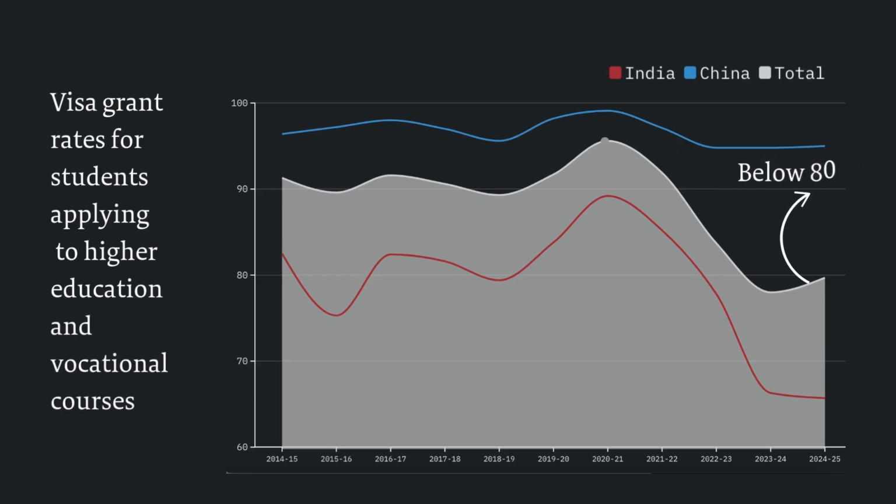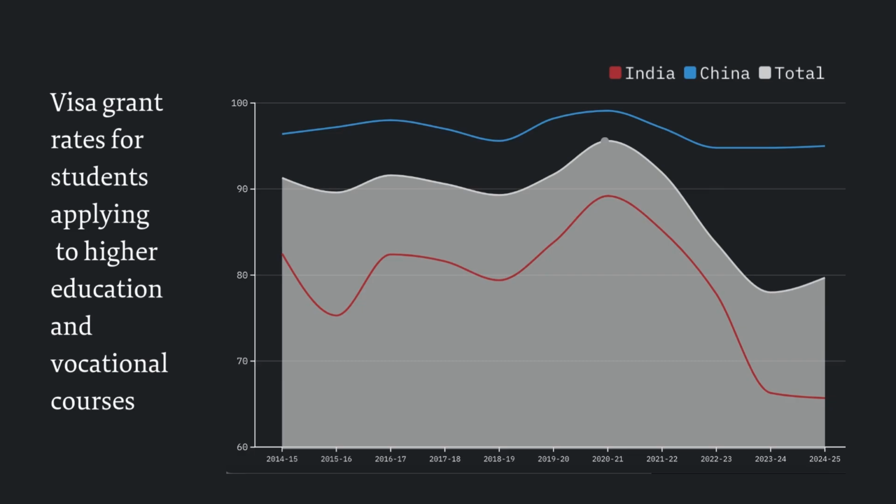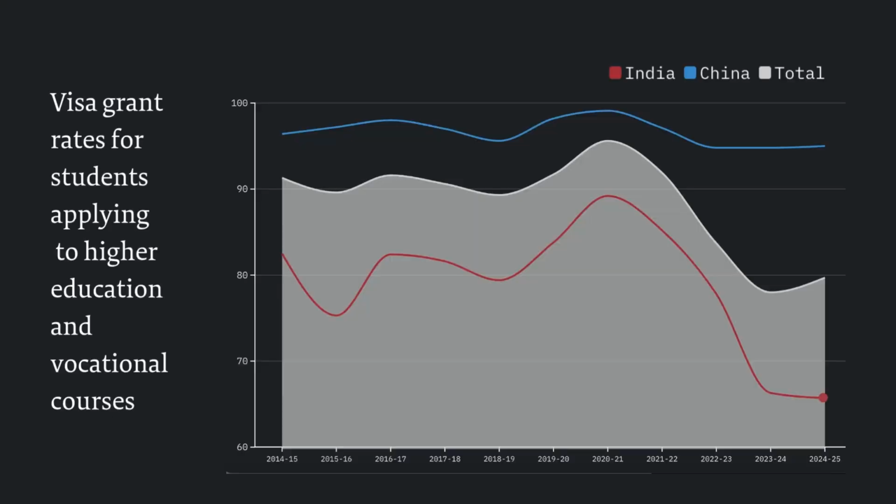Now, it's dropped to below 80%. But here's the catch. For Chinese students, the visa grant rate is still close to 95%. Meanwhile, Indian students have seen a steep drop from nearly 90% to just 65%. So what's causing this disparity?